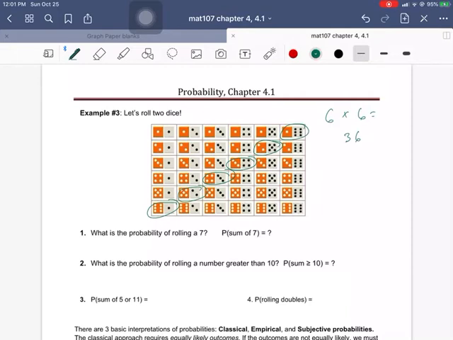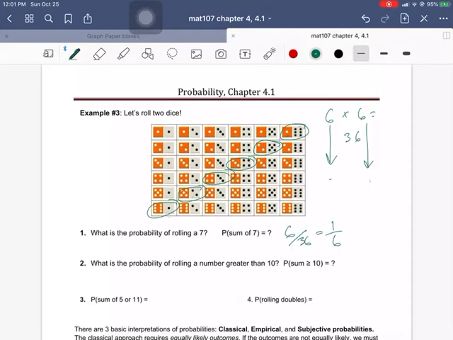So 1, 2, 3, 4, 5, 6 possibilities out of 36 that I got a 7. Notice that the 6, 1 and 1, 6 are both counted, because we're thinking about the dice individually: this one could be a 6 and this one could be a 1, or this one could be a 1 and this one could be a 6. So that's all counted in there, and it reduces to the probability of 1/6.